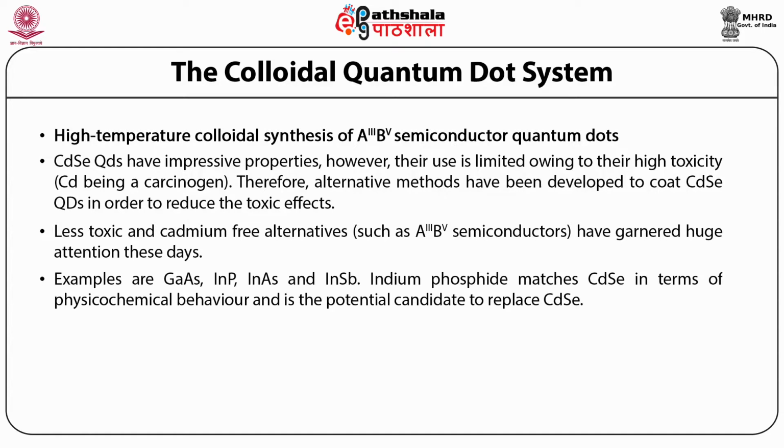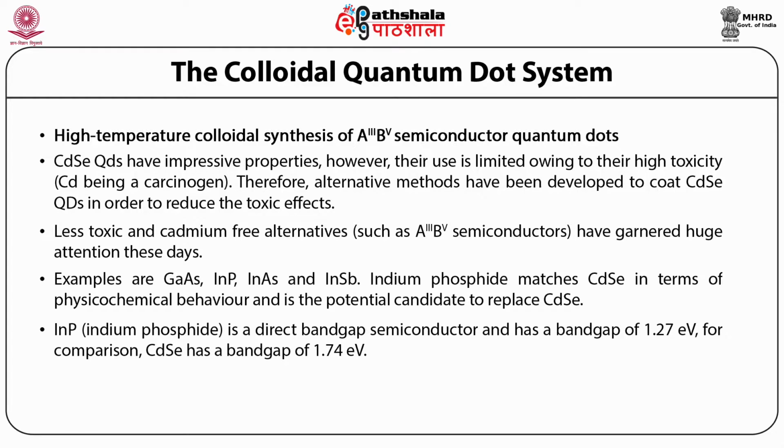Indium phosphide matches cadmium selenide in terms of physicochemical behavior and is a potential candidate to replace cadmium selenide. Indium phosphide is a direct bandgap semiconductor and has a bandgap of 1.27 electron volt. For comparison, cadmium selenide has a bandgap of 1.74 electron volt.